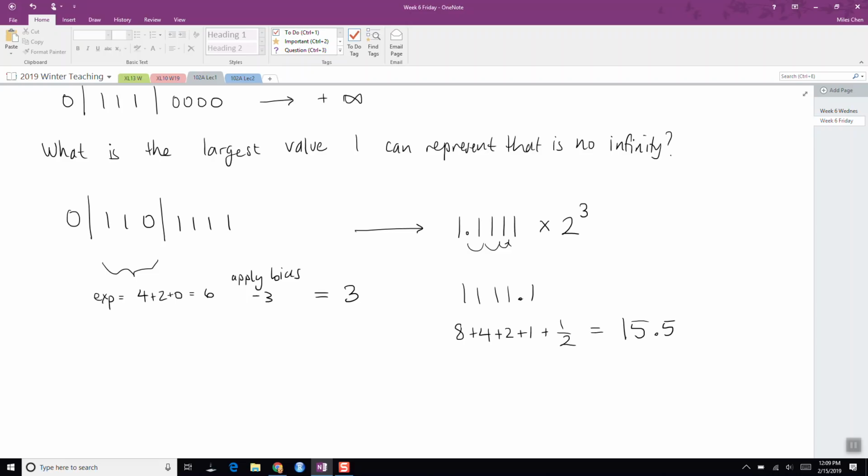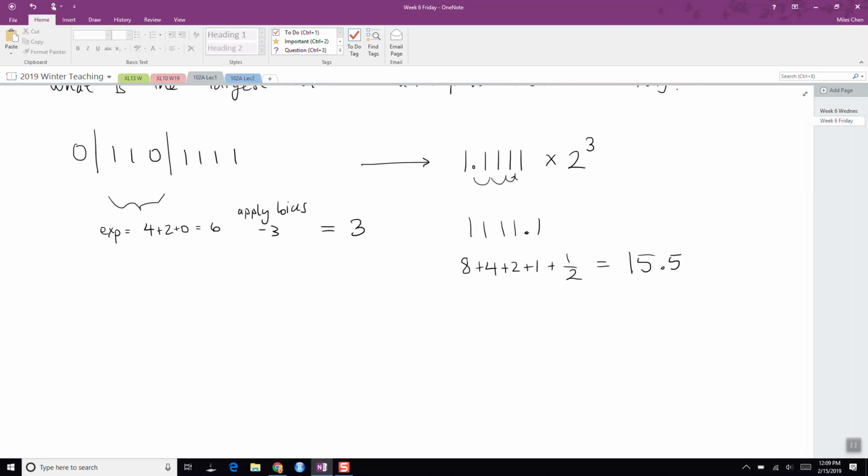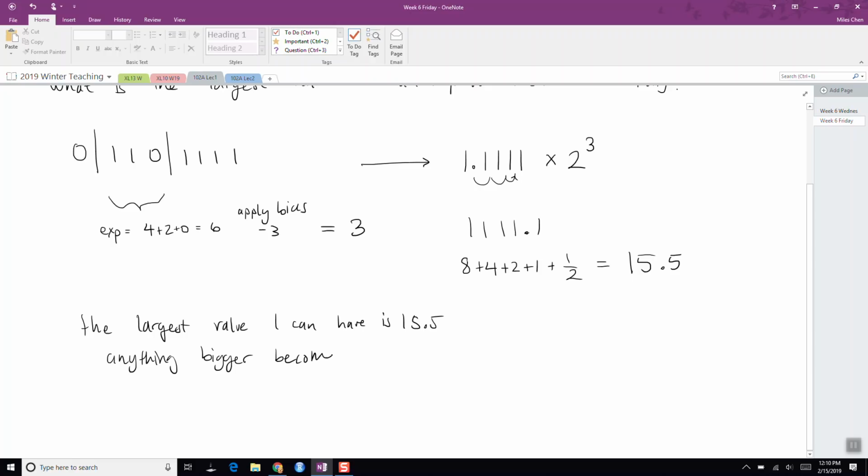If it gets any bigger than this, it's going to say it's infinity. Anything bigger becomes, in its mind, infinity.